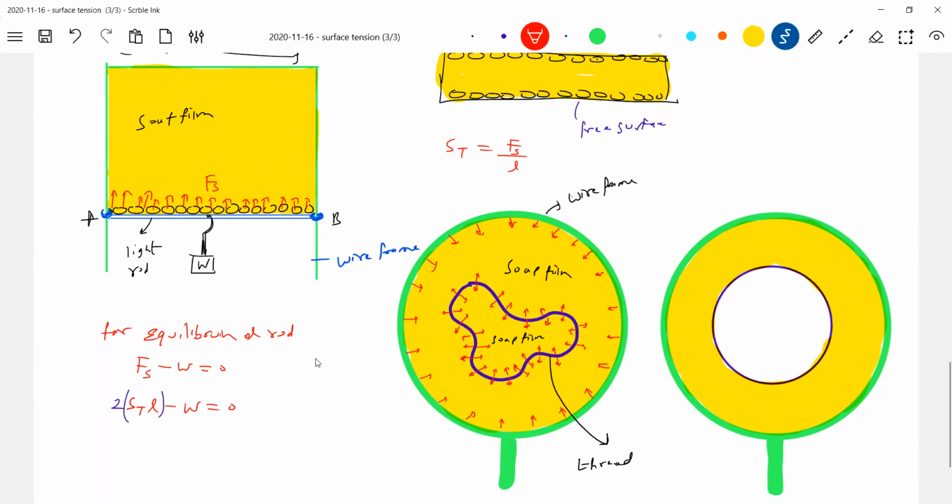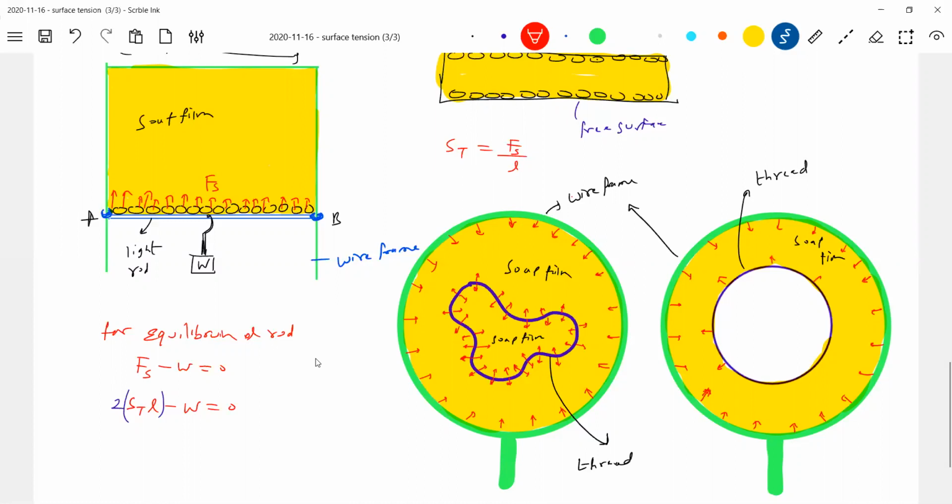Now let's come to this. What is this? This is the wire frame. This is the thread. Here is the film. Tell me how the force on the surface layer acts: there will be an exerting force on the wire frame like this, and on the thread at all points.